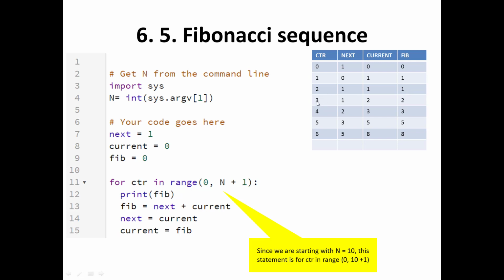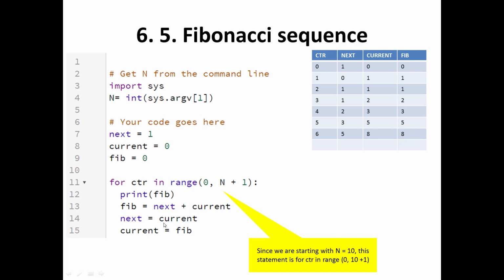At our third iteration, we're going to print Fibonacci. Its value hasn't changed yet, so we get the value from the second sequence. And that's what we print. However, in this third sequence, we do change it, and we say Fibonacci equals next plus current. So in the third sequence, Fibonacci changes to a 2.